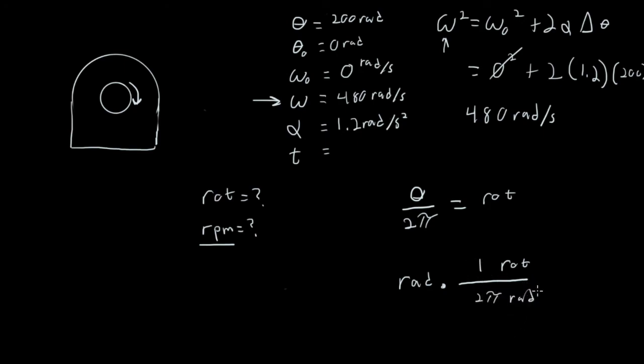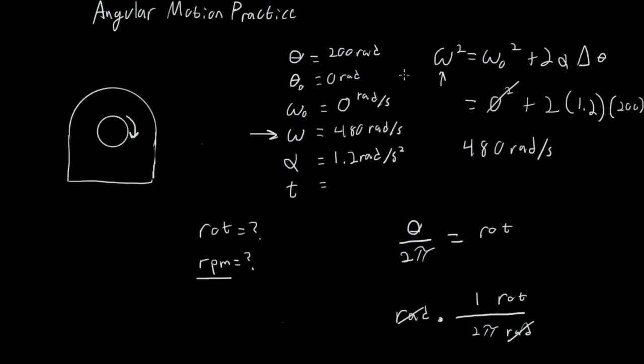So just do our dimensional analysis, just like we did in chemistry. And so I would divide by 2 pi in order to get my number of rotations. So we've got 200 divided by 2 pi. And for our number of rotations, we get 31.8.